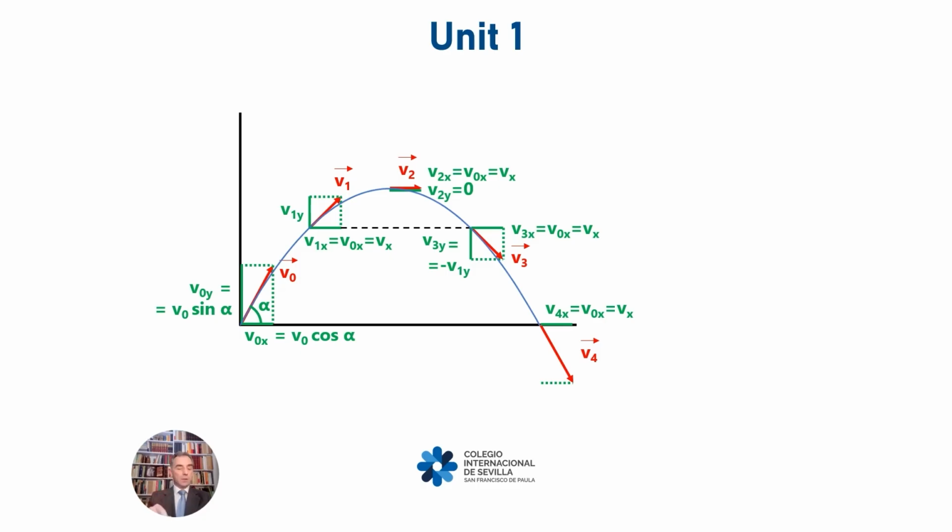V4x equals V0x equals Vx, and the vertical component has the same value as it had at the beginning, but again with the opposite sign. So V4y equals minus V0y.